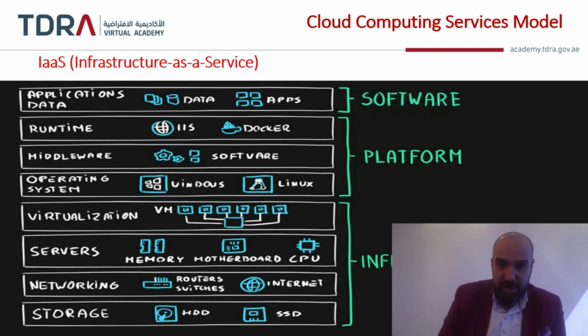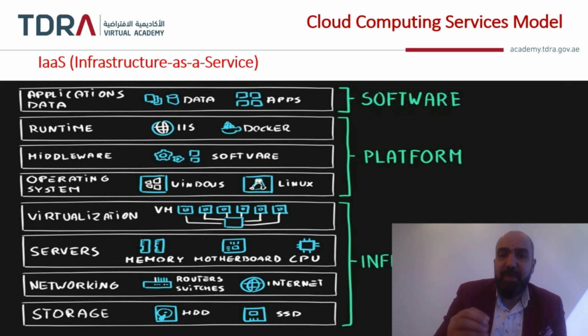All this is the infrastructure, and the Azure cloud provider will be responsible for providing these for you. You don't care about the power supply, you don't care about the cooling, you don't care about where exactly the location of this infrastructure is. You don't care, to be honest.